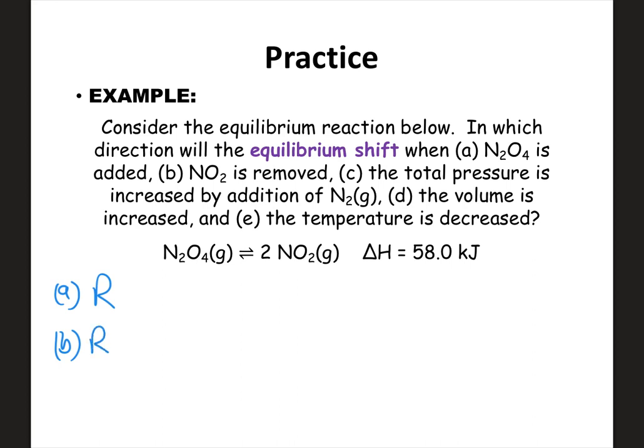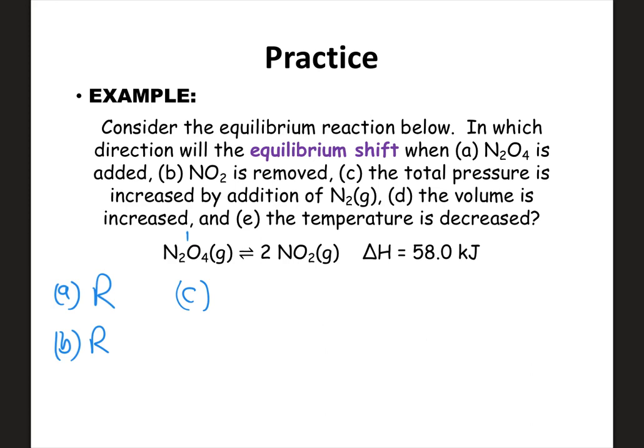When we look at C, C here says the total pressure is increased by the addition of N2 gas. So we're increasing the pressure here. So if we have more pressure, we have to look at the number of molecules of gas here. If we look on the left side, we only have one molecule of gas, just N2O4.